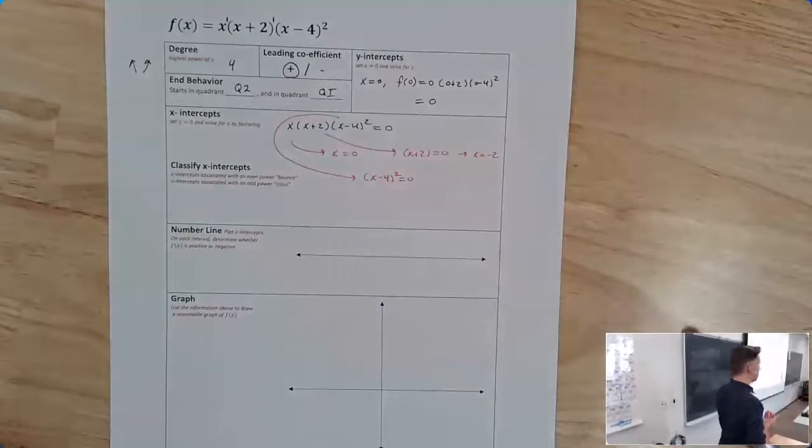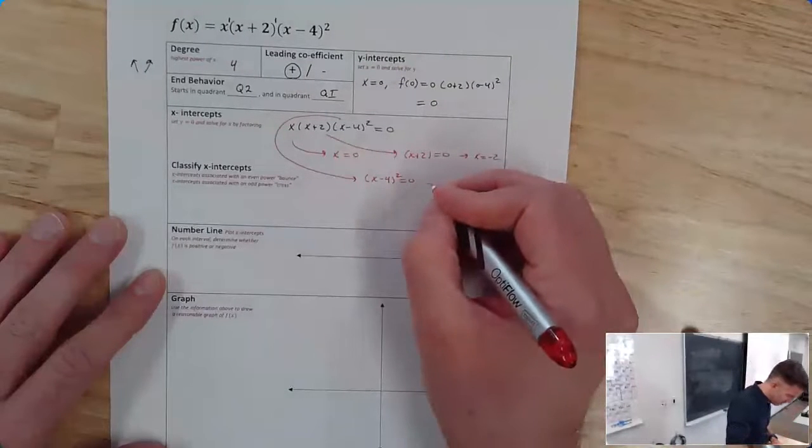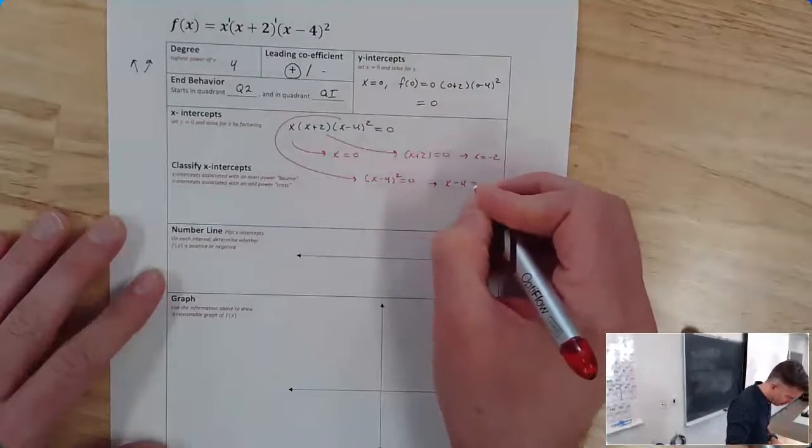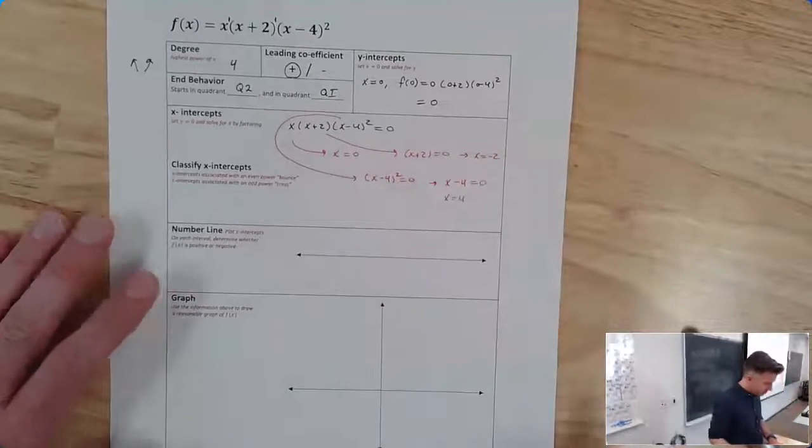You can think of taking the square root of both sides here, but you really don't have to. If something squared is equal to 0, what's the only number we can square and still get 0? 0. So the insides have to equal 0. There's no other option. If x minus 4 equals 0, we get x equal to 4.